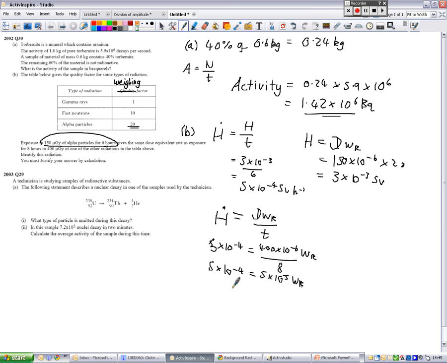Solving for WR, you'll get nothing because the pen doesn't work. You get WR equals 10. So you're going to your table here and finding which one is 10. It's fast neutron.